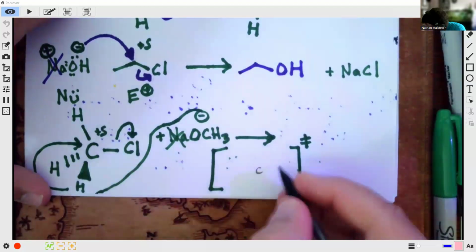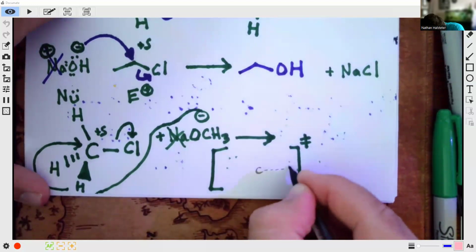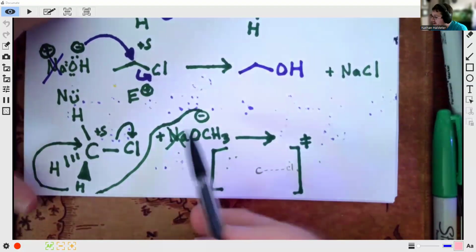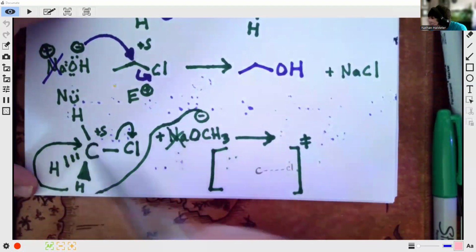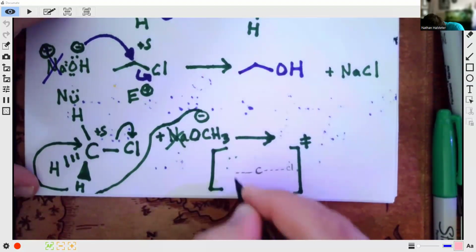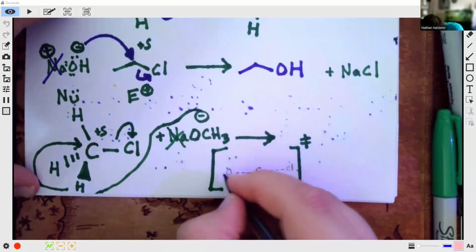So how we represent that is a dotted line. And as that bond is breaking, we have a new bond between our oxygen and our carbon forming. And of course, everything else is along for the ride. So OCH3.